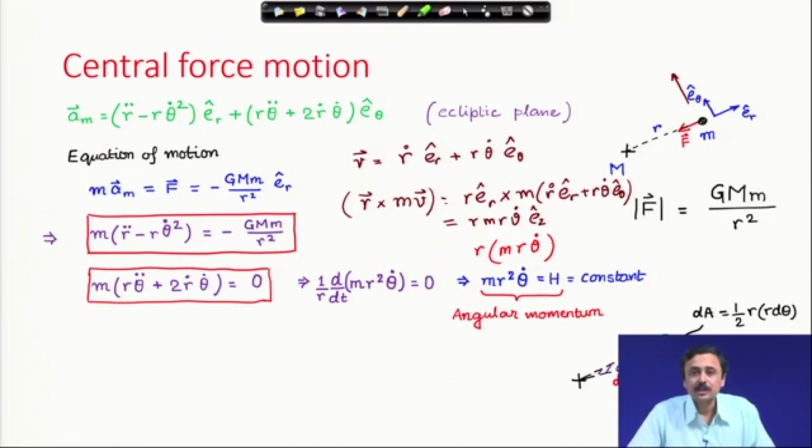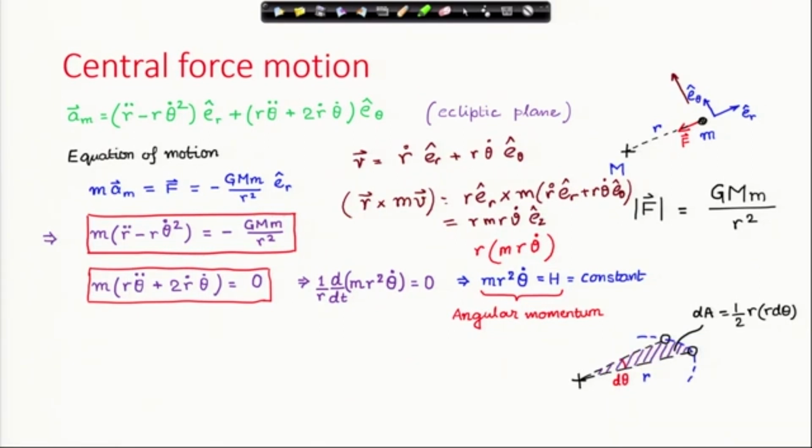Now, let us look at this picture. This picture is in the ecliptic plane. If I want to express this area, when this line segment from the central gravitating mass, the force center, to the particle rotates by an angle d theta, what is the area swept?